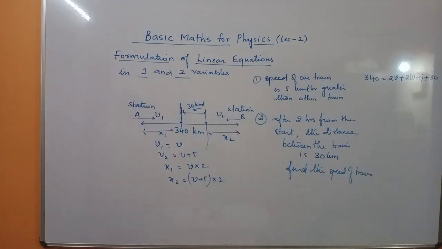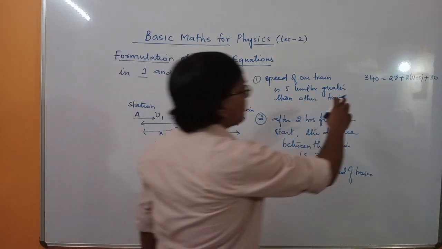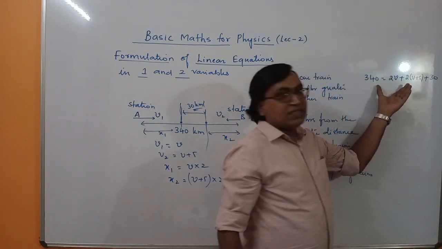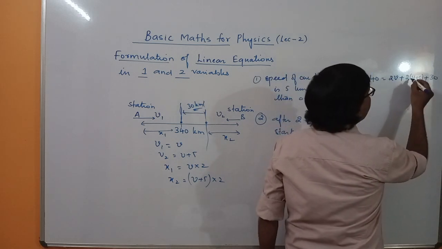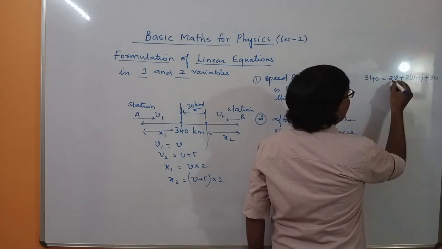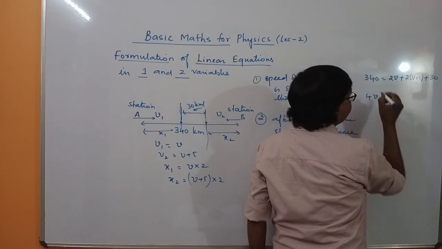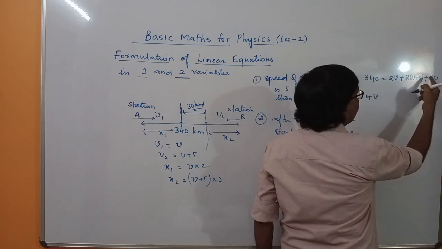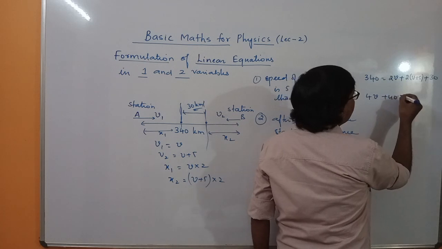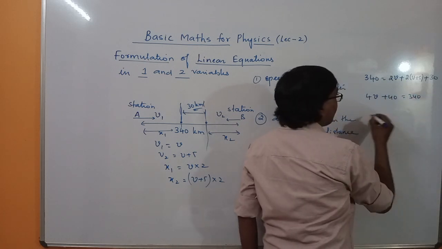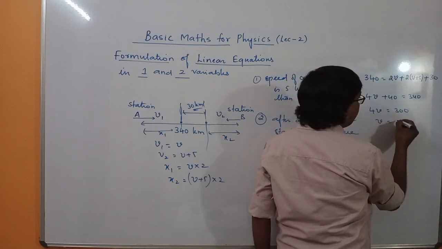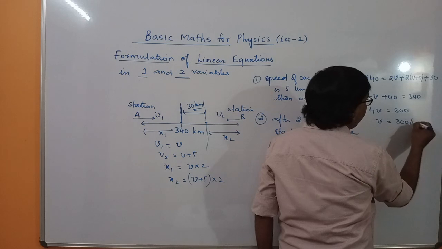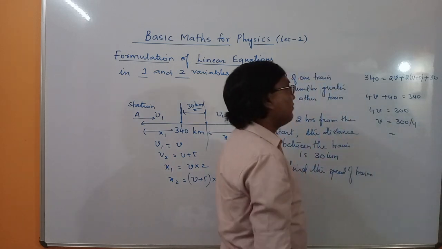So this should be the case. Now again, there is a linear equation in one variable. So 2V plus 2V is 4V, plus 2 into 5 is 10, 10 plus 30 is 40, equal to 340. So 4V is 300, and the velocity is 300 divided by 4, that is 75.